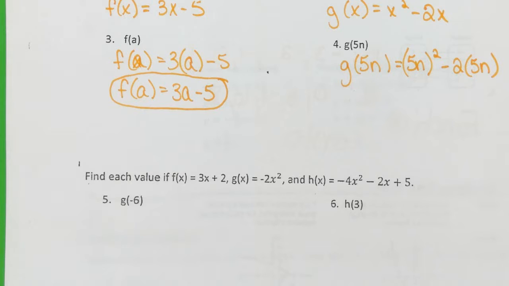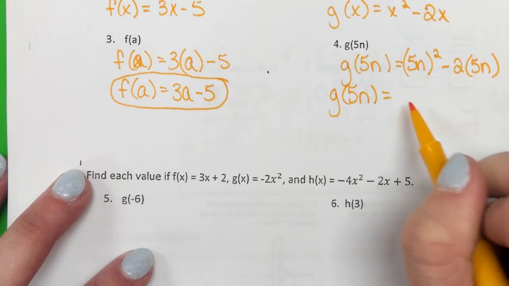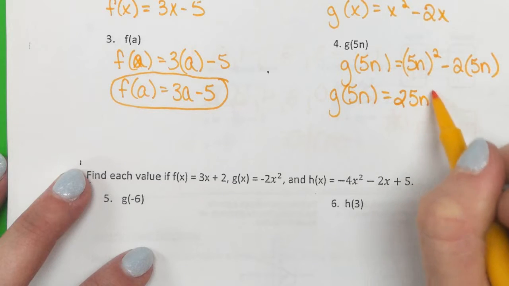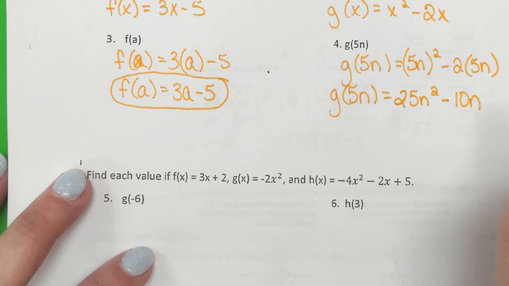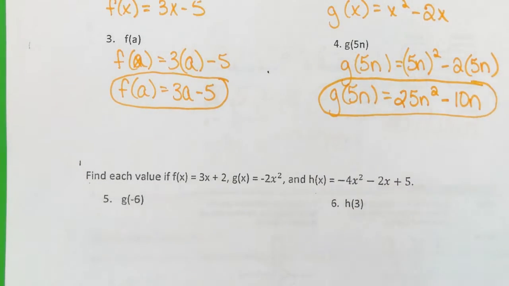Yes. Am I going to square the n when I use parentheses? Yes, you are. So this is going to be how much? 25n squared minus 10n. Very good, very good. Are y'all okay? Yeah? All right, here we go.